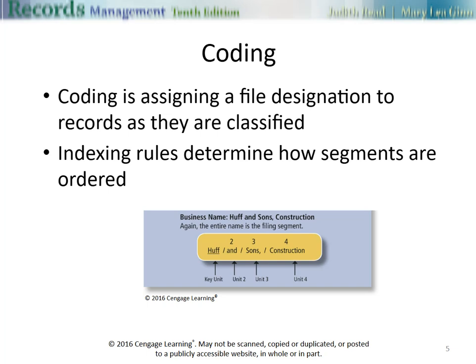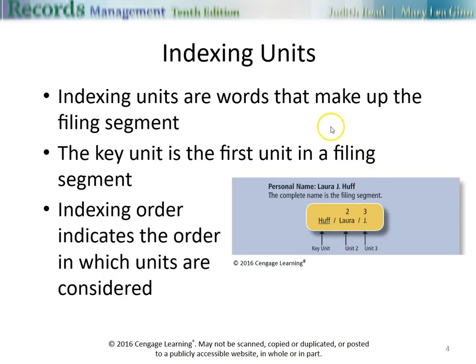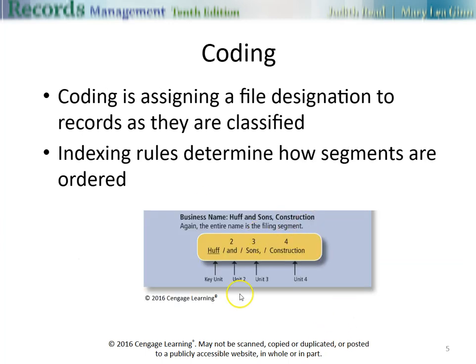And so, although it sounds pretty similar, let's go back to our indexing. So, indexing is basically mentally figuring it out and trying to figure out, okay, what file is this going to be filed under? Coding is the actual assigning of each of those units.